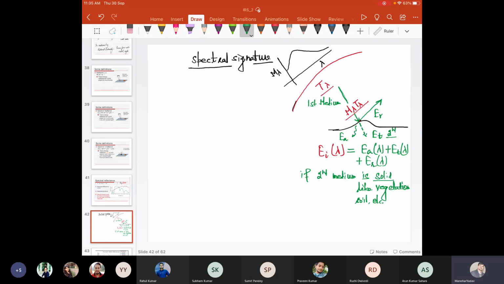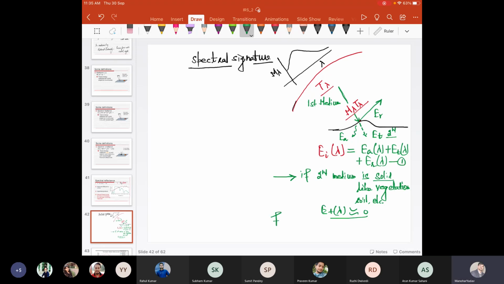So in that case, if the second medium is solid, then the transmitted component ET is nearly zero.